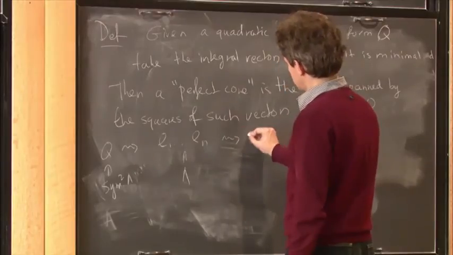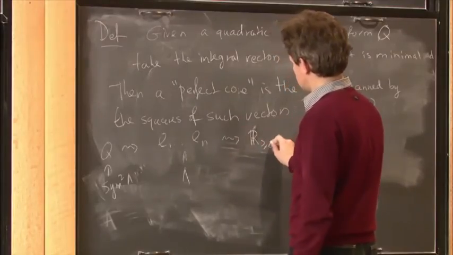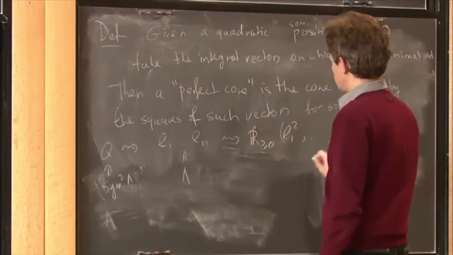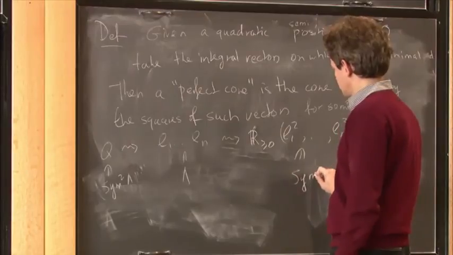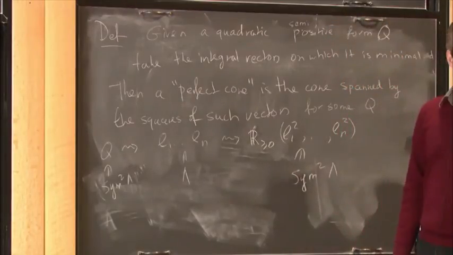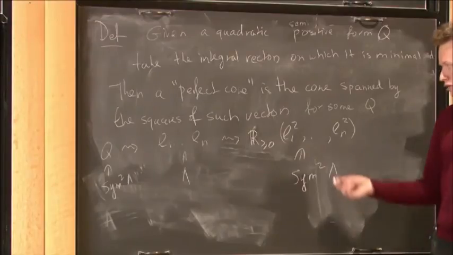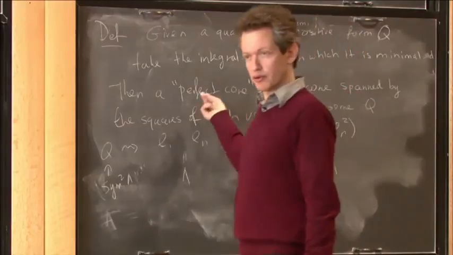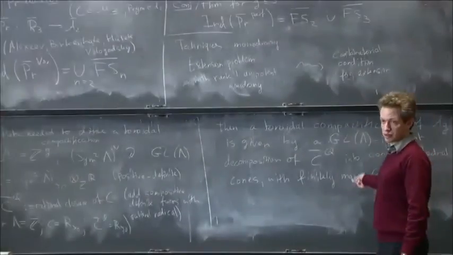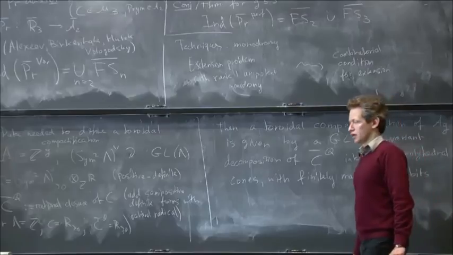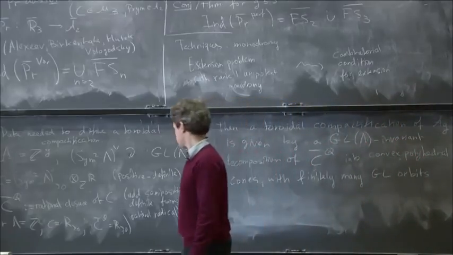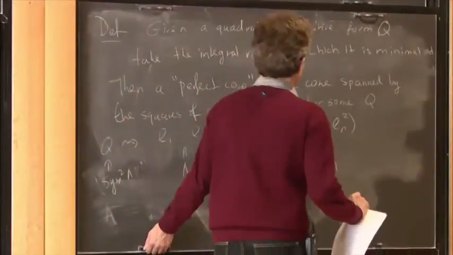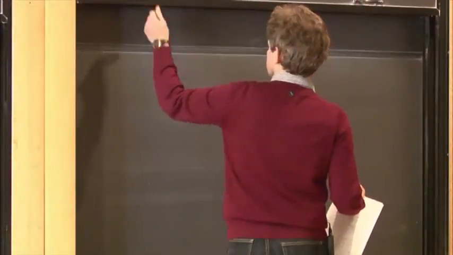And then I take the span of their squares, which again we'll see in Sym2. I'm sure there are a couple of duals missing. So this is called a perfect cone, and the theorem is that such cones for all quadratic forms define an example of such a decomposition. And if you take the corresponding toroidal compactification, it's called the perfect cone toroidal compactification.